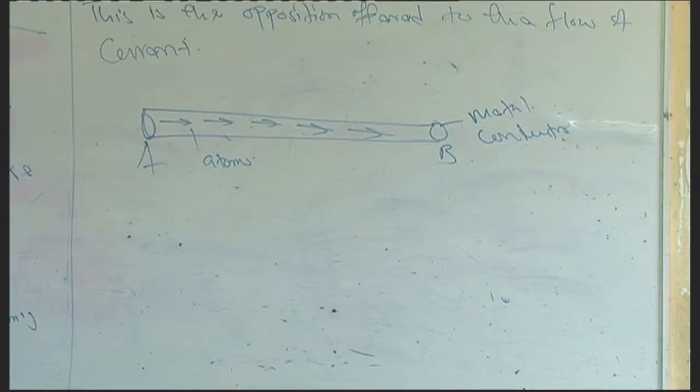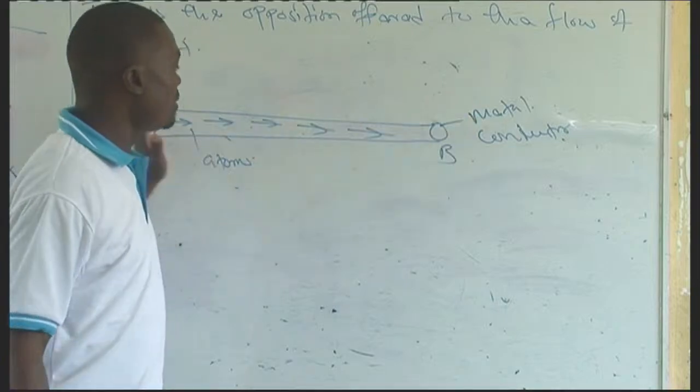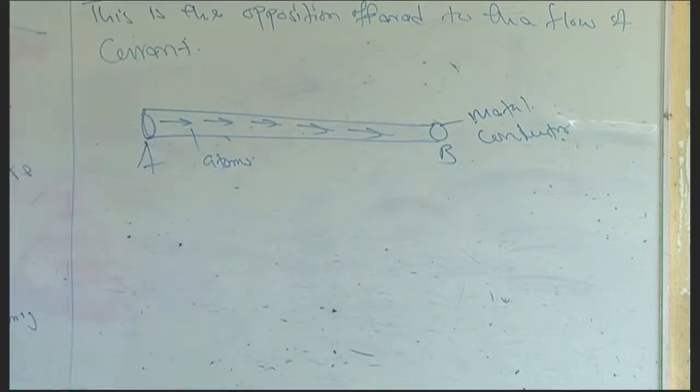These collisions may again lead to loss of their momentum as they move, and we may end up failing to get the desired current.